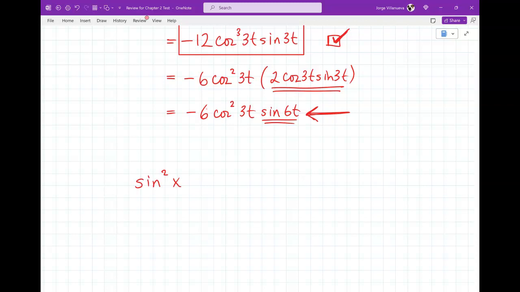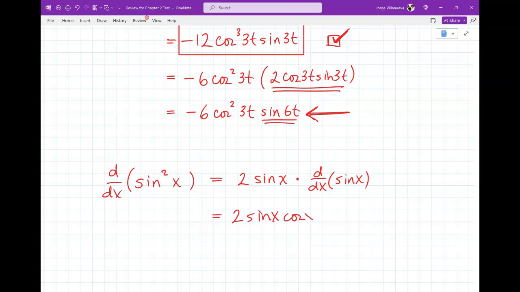Right? So the derivative of this would be, well, this is a power of 2, right? So bring it down. 2 sine to the first x. I'm not going to write that. That's kind of ridiculous. And then what do I do? Times d/dx of sine of x. That's my next one. Because notice the first thing was just power. I didn't do anything else, just the power. Right? Derivative of sine is cosine. 2 sine x cosine x.